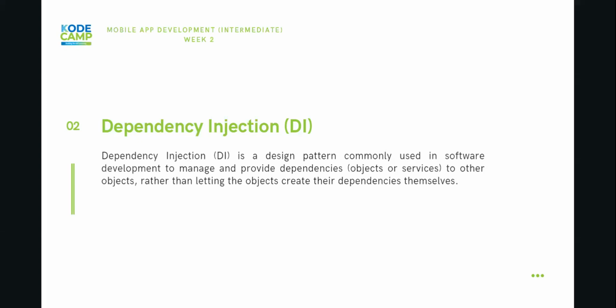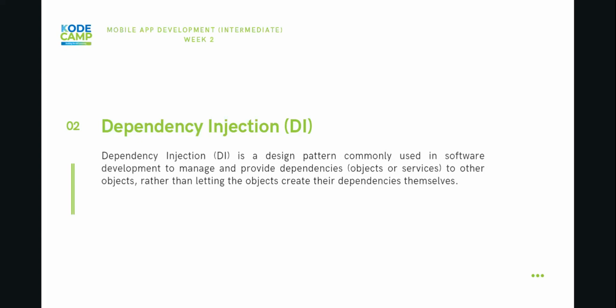So this DI is just a pattern, right, that provisions that dependency when it is needed to other parts of the application. So the core idea, right, of dependency injection is to kind of invert the responsibility of creating and managing dependencies from the dependent class to an external entity.